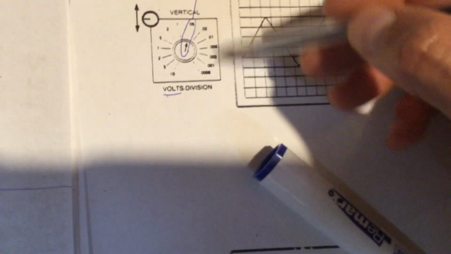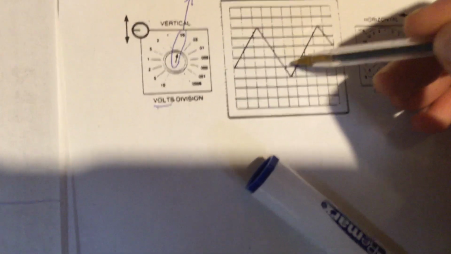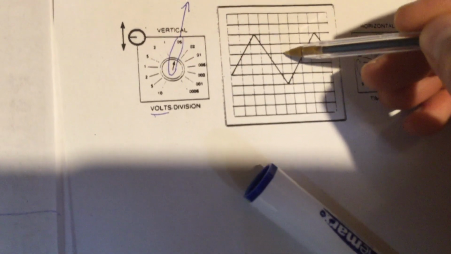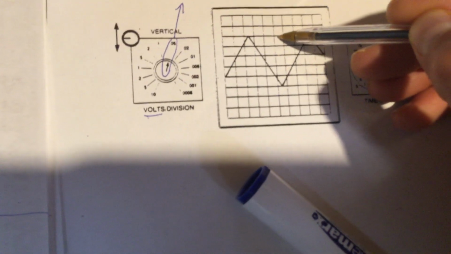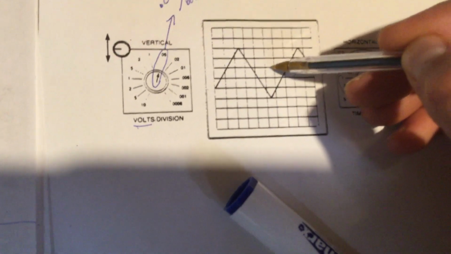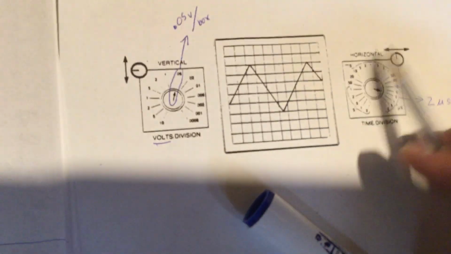And I'm only worried about up and down, or vertical. So if I start here and start counting up, I have 1, 2, 3, 4, 5 boxes. Can you see that? Starting here, 1 full box, 2, 3, 4, 5 boxes. All right, so I have 5 boxes.